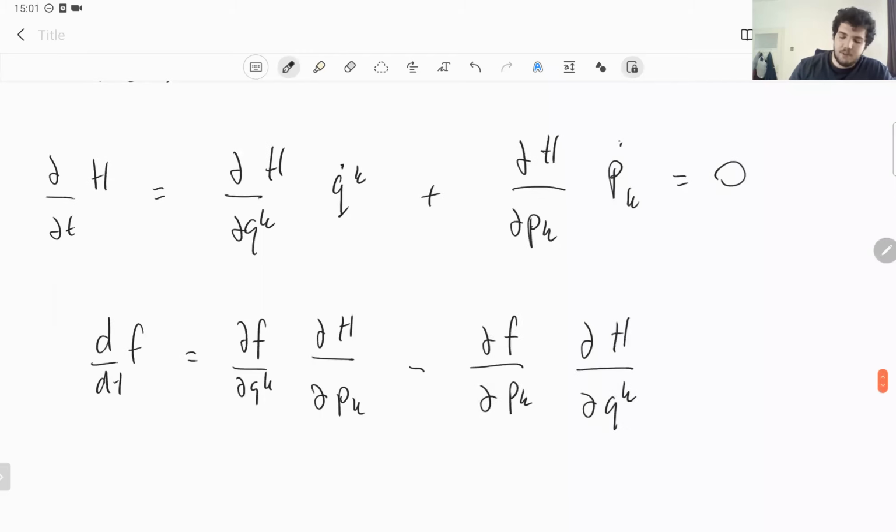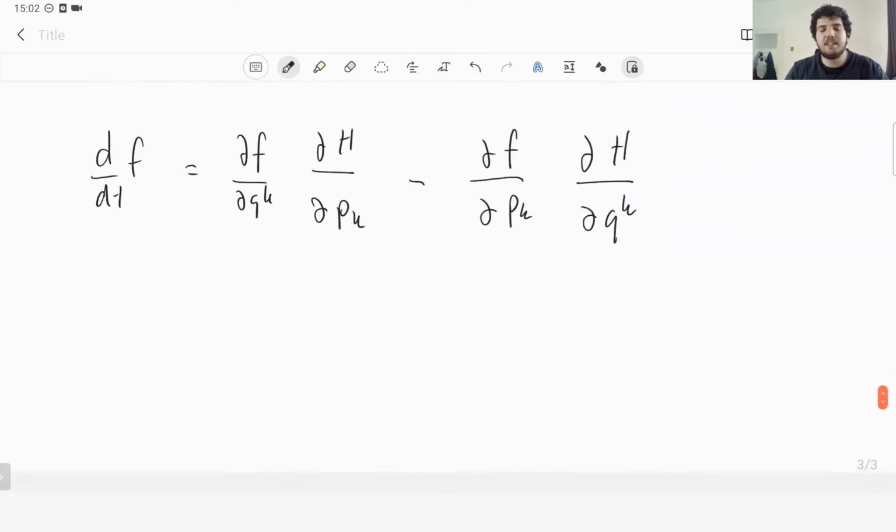And this should remind us of the definition of the Poisson bracket, which we'll return to later on.